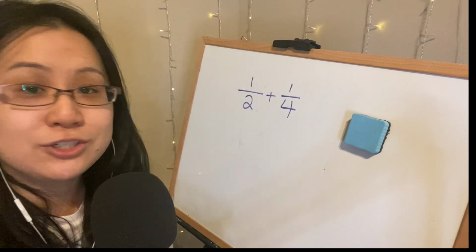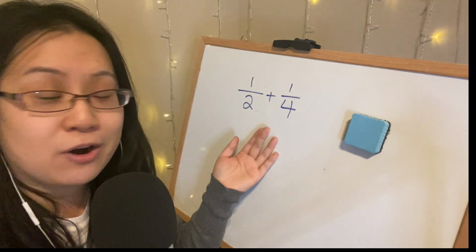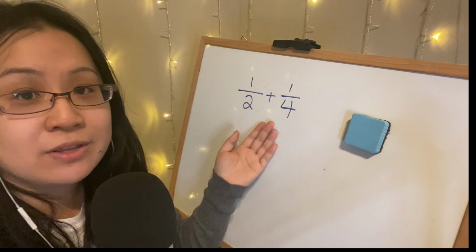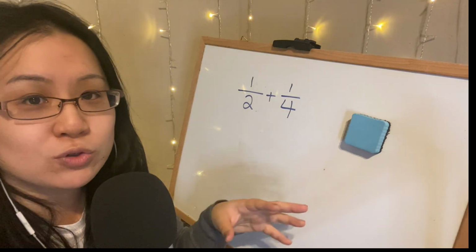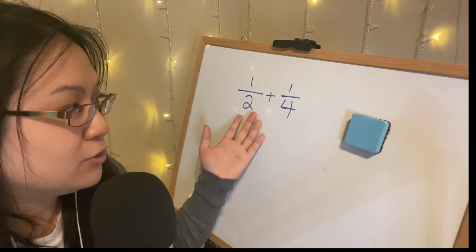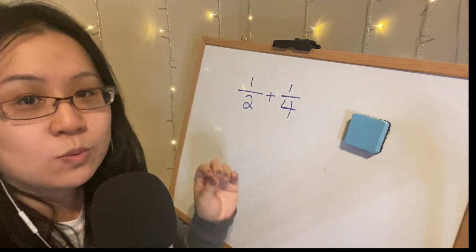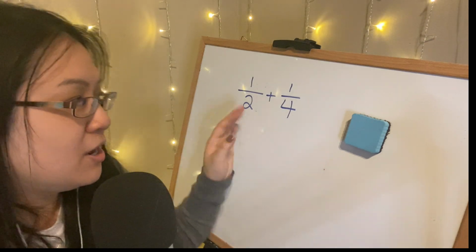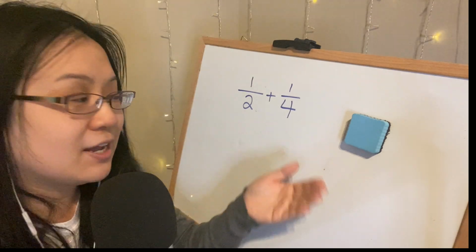So what I wanted to show you is that technically, if we did not notice, 4 is what we call the least common denominator or the least common multiple of the 2 numbers in the denominators, which are the bottom numbers. And that just means what's the smallest number that both of these go into. They divide, right?